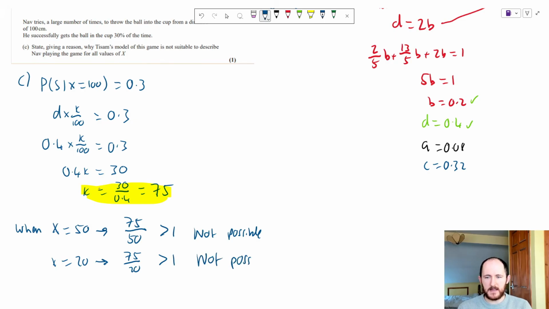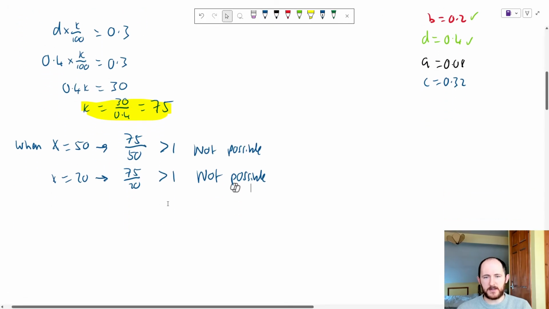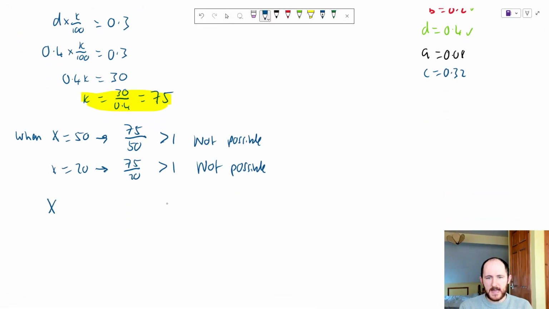In fact, the only values of X that you can have is X has to be bigger than or technically equal to 75 for the model to work, because otherwise the probability is bigger than 1.